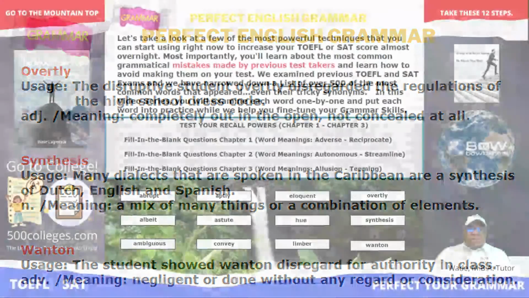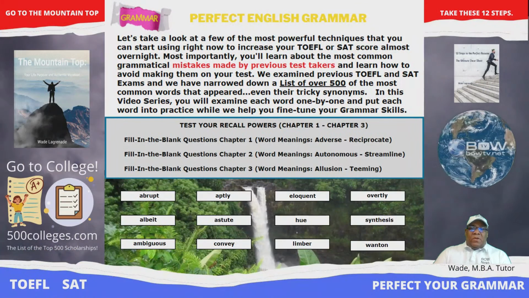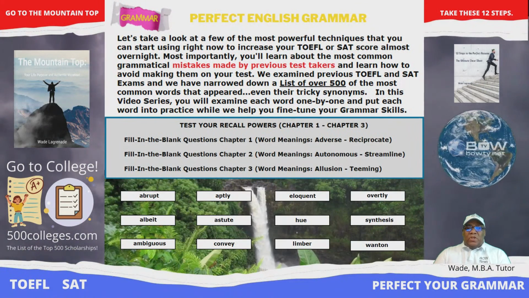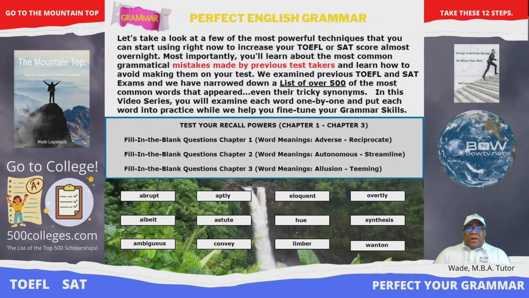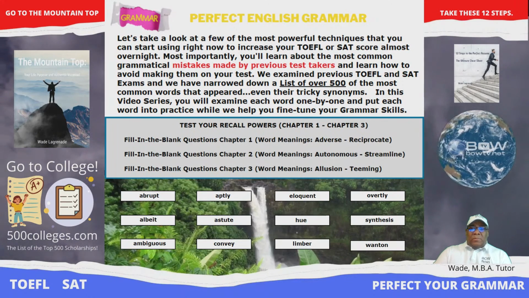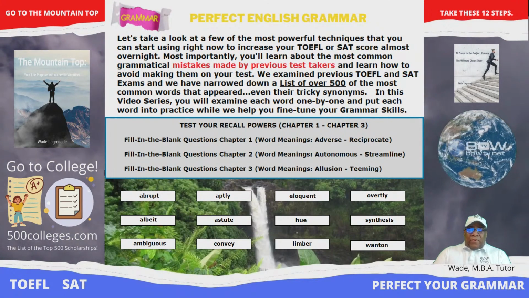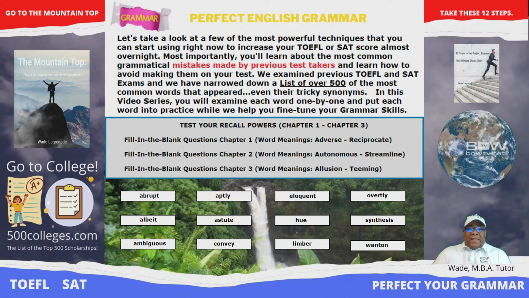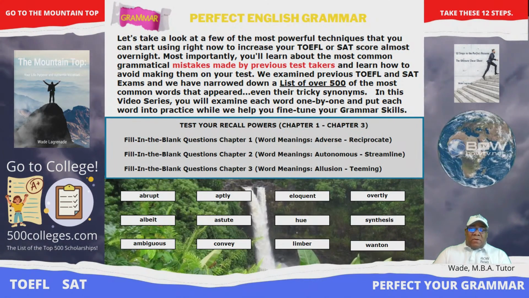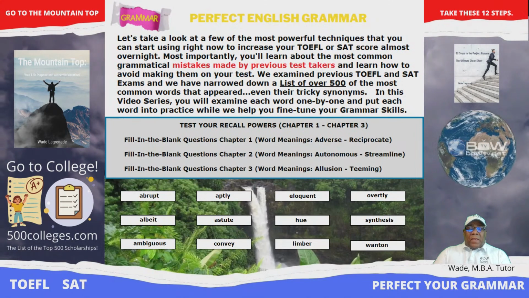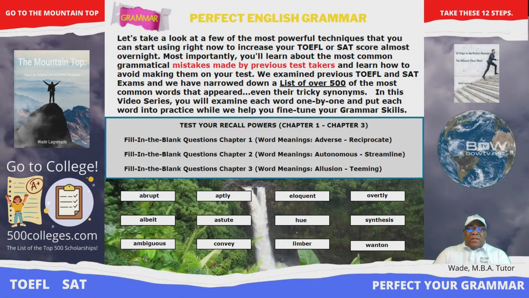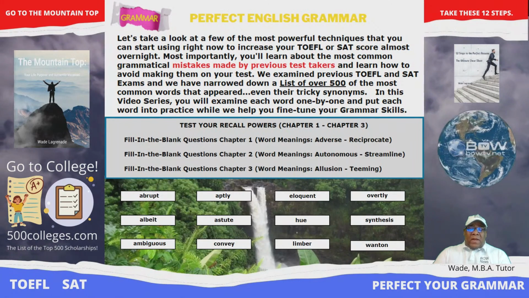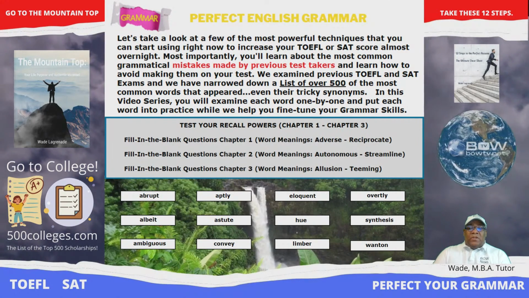So we're going to take a closer look at various vernacular nuances of the English language. Also, we're going to take a closer look at how modern business English is spoken, various types of phrases that may appear on the TOEFL and SAT. These are phrases that are commonly used in everyday American business English, or even everyday American communication.